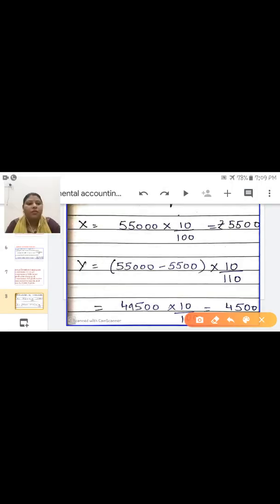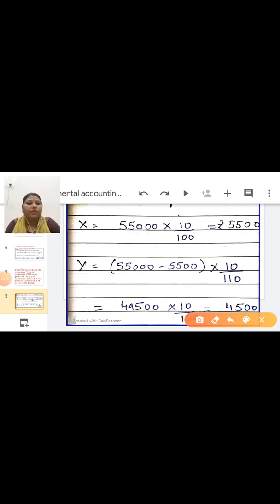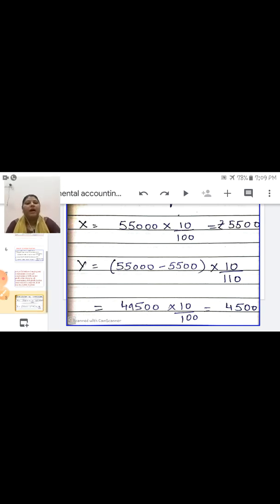It is 110. 49500 into 10 upon 110. Here the upper side is written correct, 10 upon 110. It is 4500. Okay children, now understood? Please do the correction here. 49500 into 10 upon 110 is equal to 4500. So X's commission is 5500 and Y's commission is 4500.